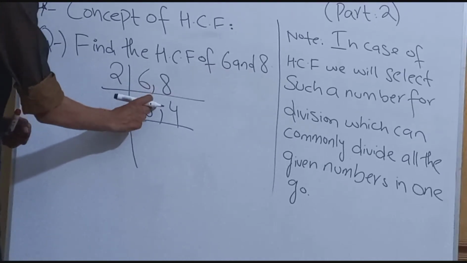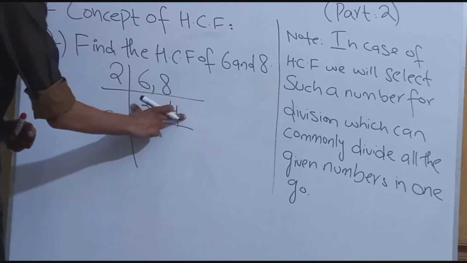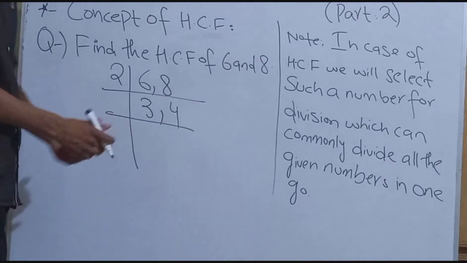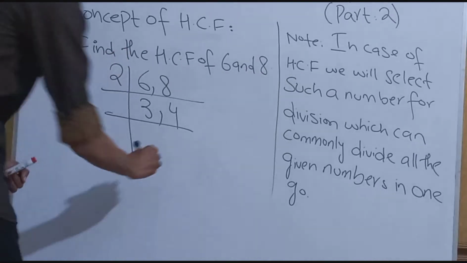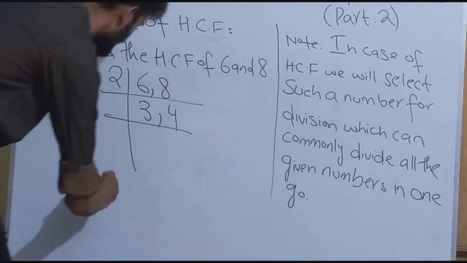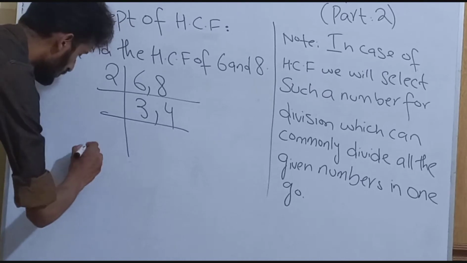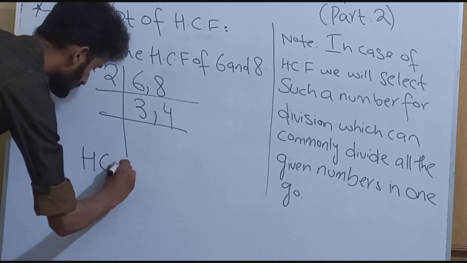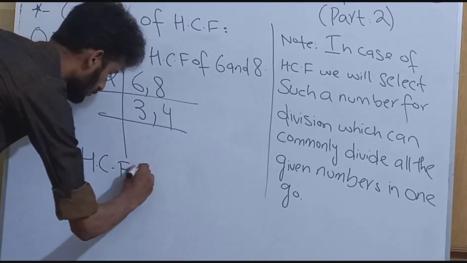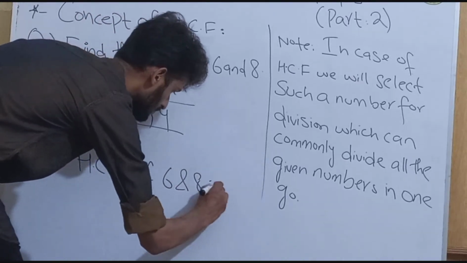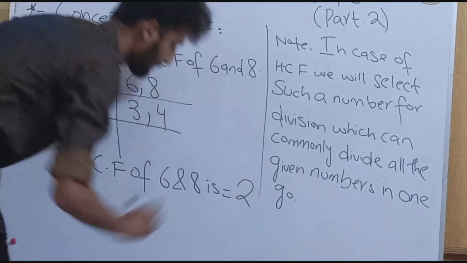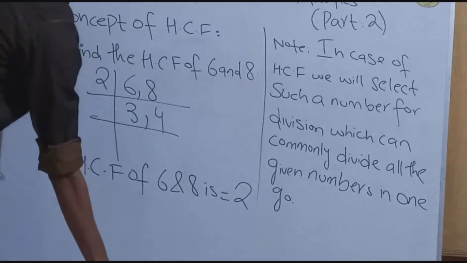So we have checked whether these two numbers are divisible by 2 or 3. The answer is no. So the HCF, highest common factor, is 2. The HCF of 6 and 8 is equal to 2.